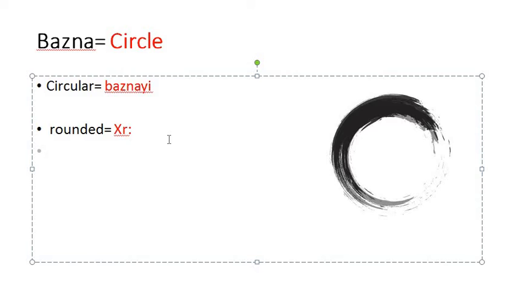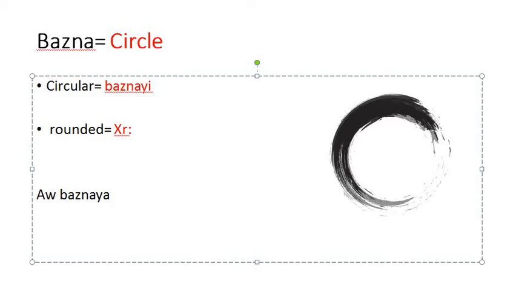When something is rounded, for example, "o baznea khara" means this circle is rounded. O means this or that. It's also a pronoun, like he, she, it.